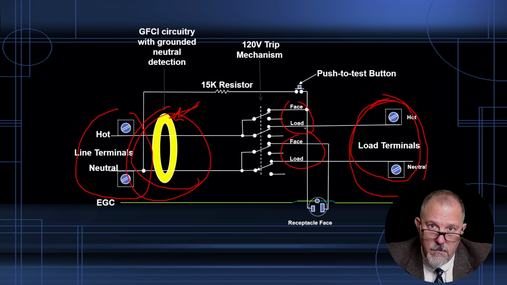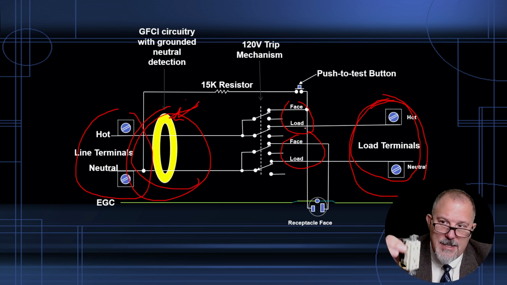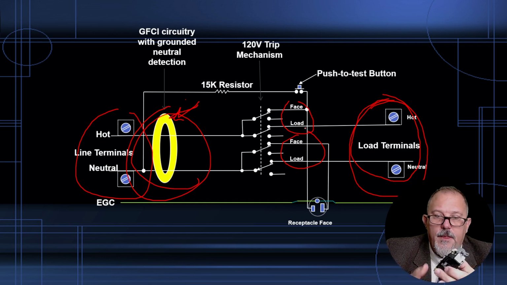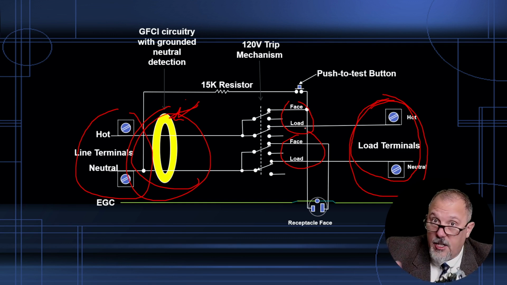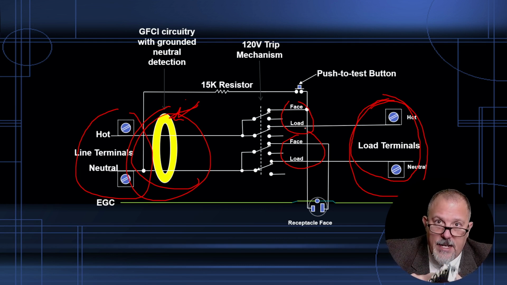Make sense? You should always wire the line side to the line terminals. Don't forget your equipment grounding conductor. Put your hot, your neutral, your equipment grounding conductor, and then you can either feed it downstream and provide protection. So you can use standard receptacles downstream of this because this is providing the protection.